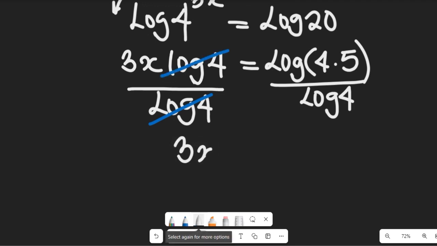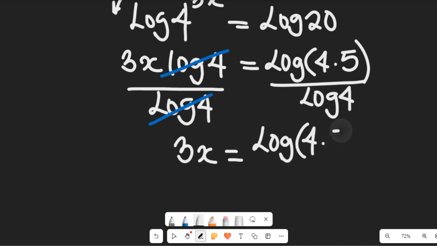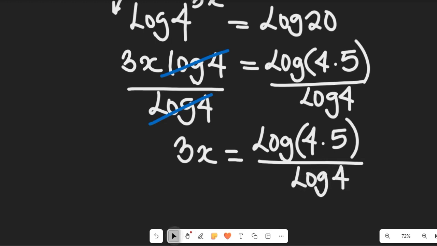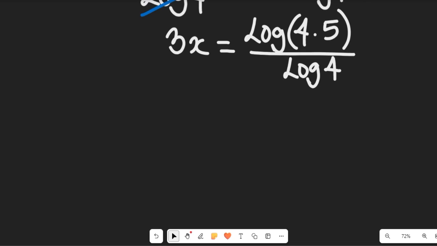So we'll have our 3x to be equal to the log of 4 multiplied by 5, and that will be divided by the log of 4.